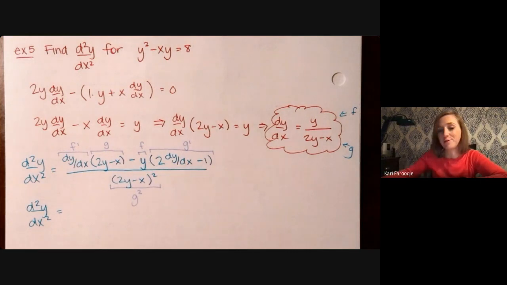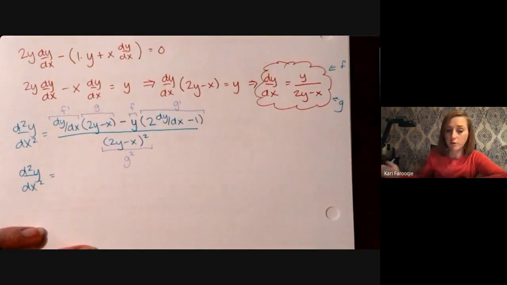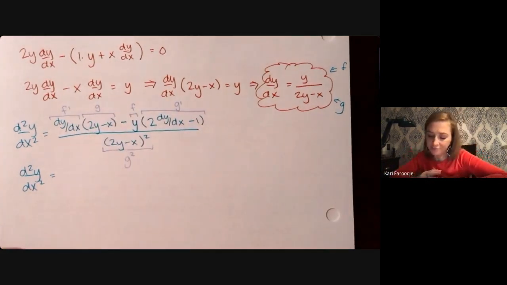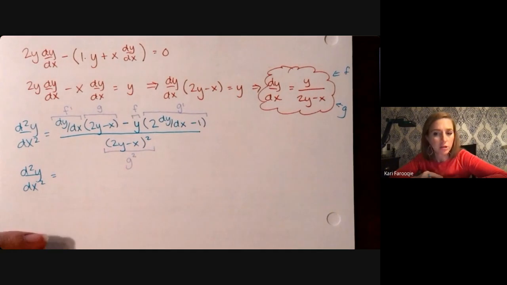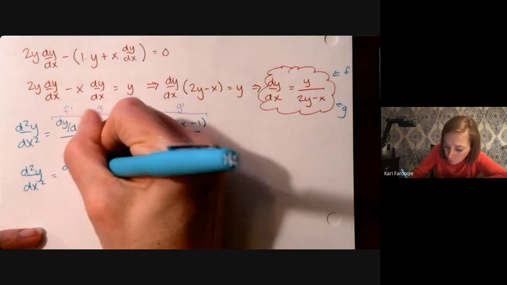We just don't have it in a form that's really useful because it recalls the first derivative. Let's see. I'm actually thinking maybe we should just sub it in now, before we even simplify anything. I'll simplify it one time and then we'll drop it in.